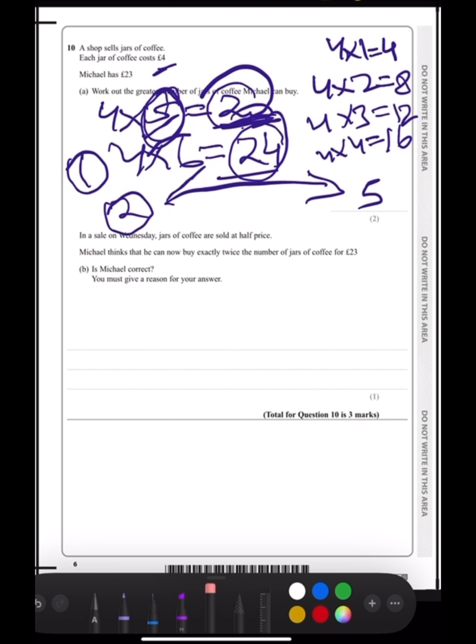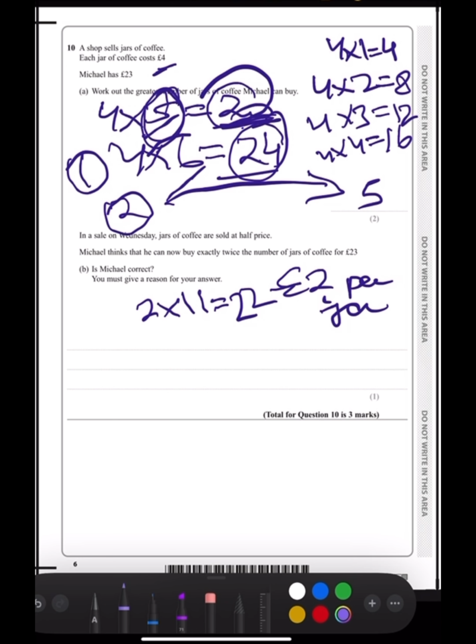Now firstly, we have to test this out in a bit of a numerical way, not making this super long. So if we think that it's 2 pounds per jar, we know that he cannot buy exactly twice the number of jars of coffee, because we know that 2 into 11 is 22, which is not the double.